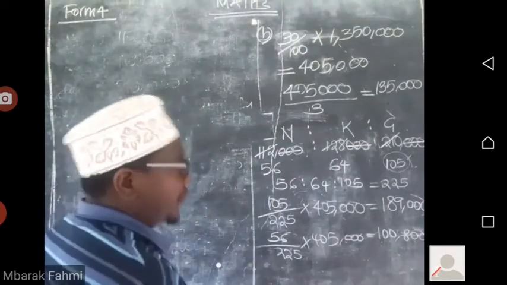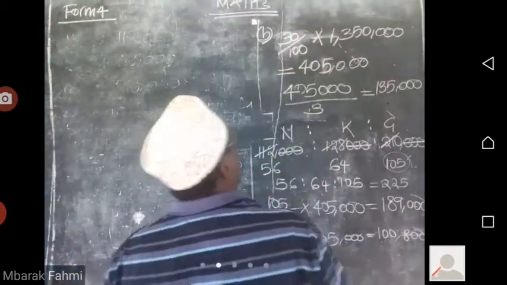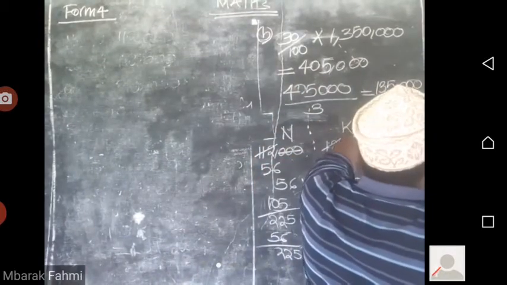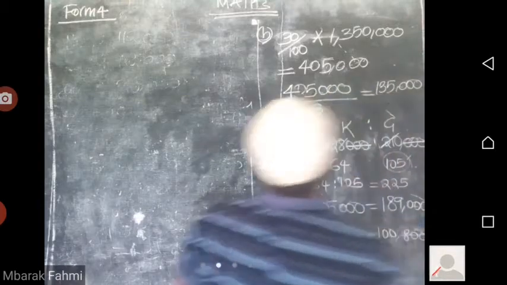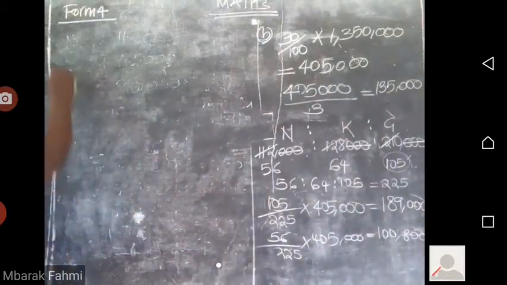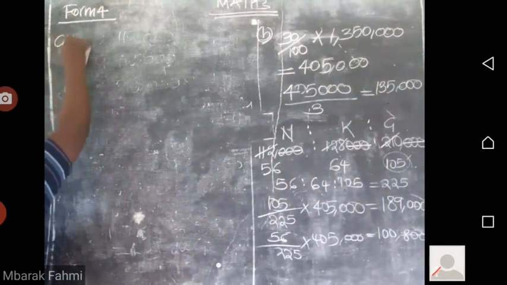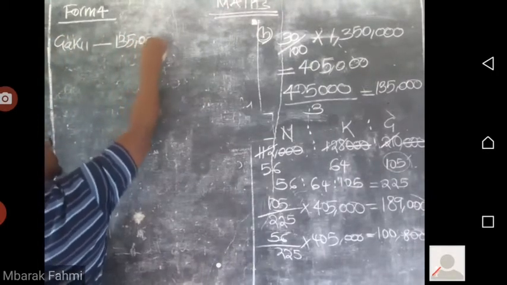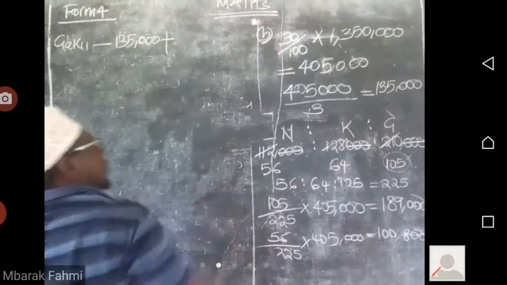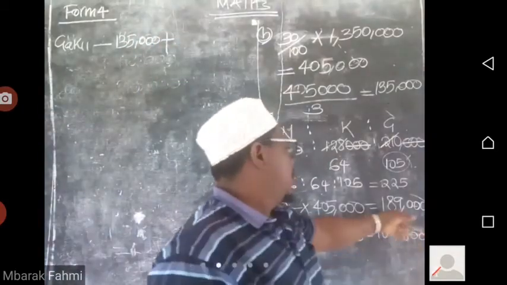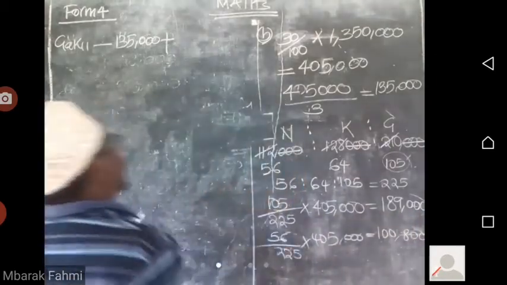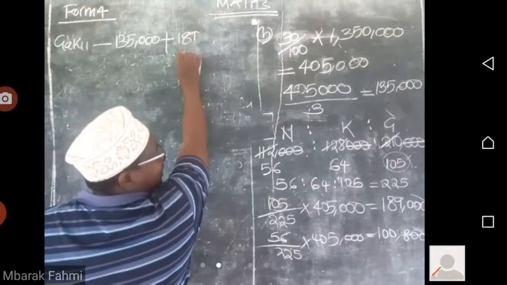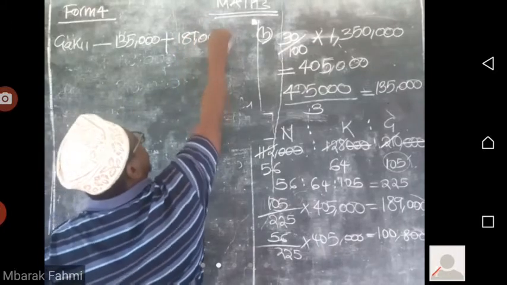Okay, so the sum of whatever they received: first, they got an equal share of 135,000 each. So let's calculate for Gaki first. Gaki will be 135,000, plus the amount she received from her ratio contribution, which was 189,000.